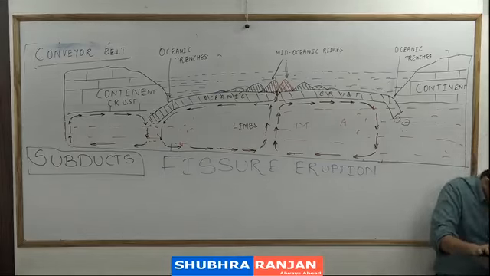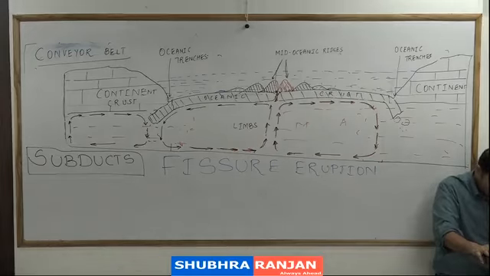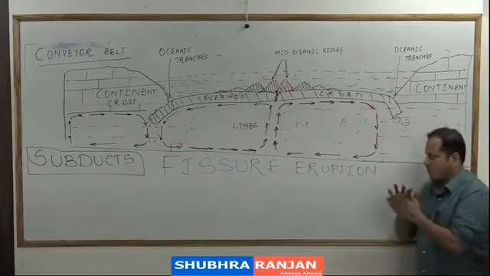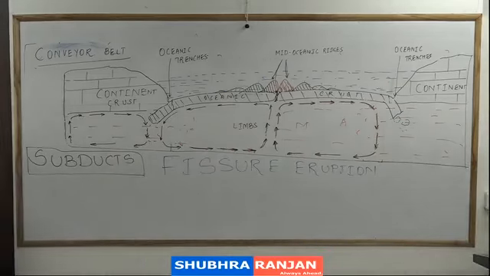This oceanic crust is then destroyed and becomes a part of magma.